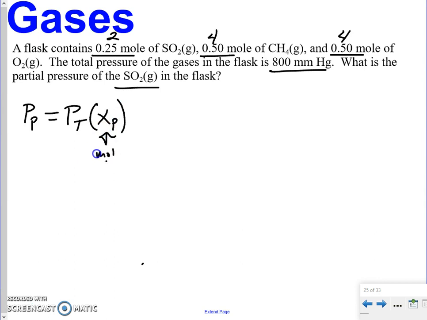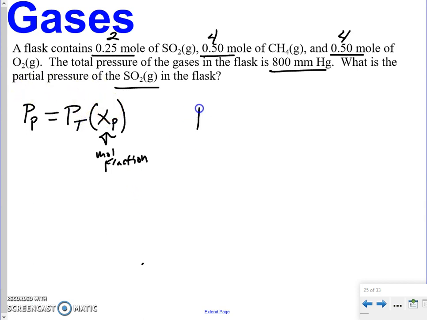So just think about what this is actually meaning. Okay, this is a ratio. That ratio correlates to our partial pressure. So if I take that ratio, or maybe percentage might be another way to look at it, multiply it by my total pressure, I can get my partial pressure.